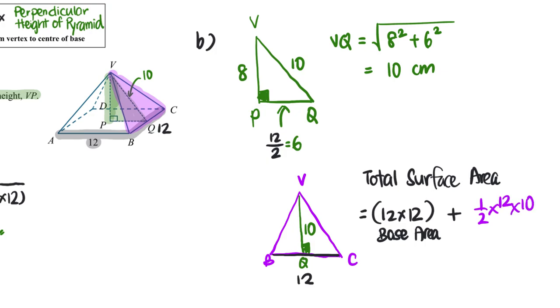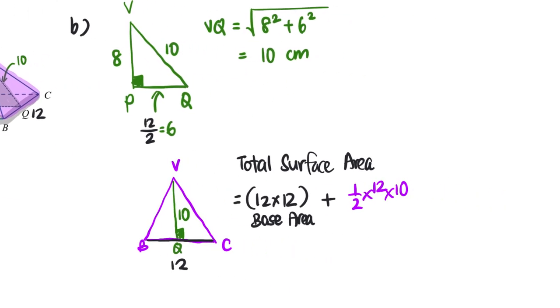This is for one triangle. But how many are there? Yes, there are 4 of them. So I will have to multiply by 4. This is for the 4 triangular lateral faces.